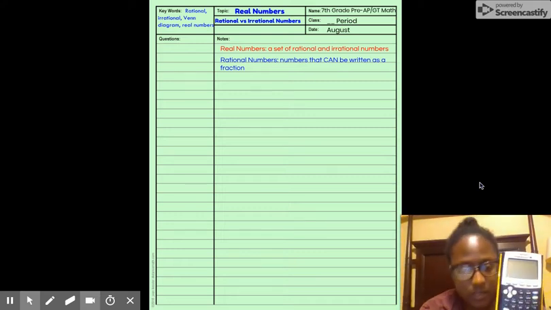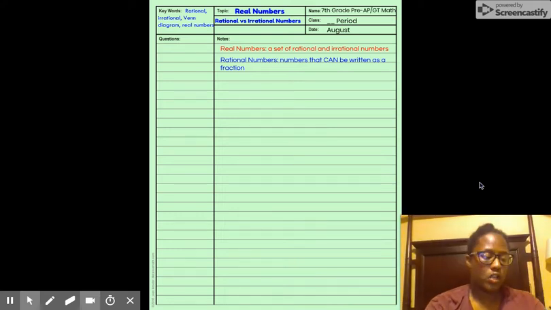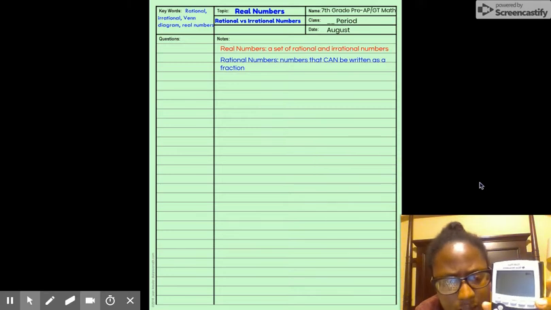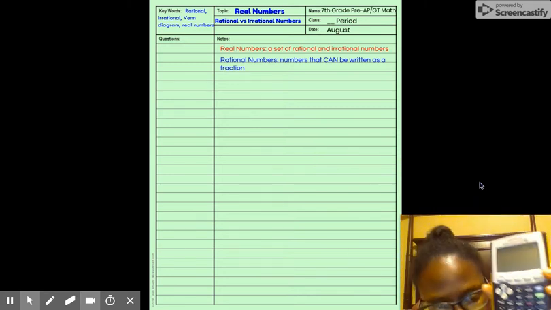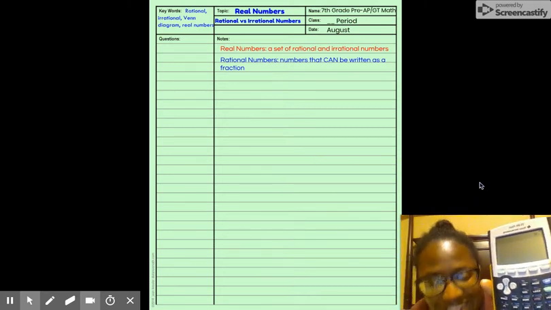So I brought my calculator here, and I'm hoping that you could see that. So if I have the number 0.8, it is a decimal. Can you see that as a decimal?